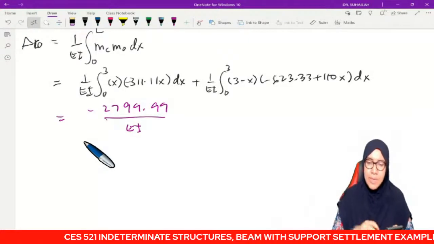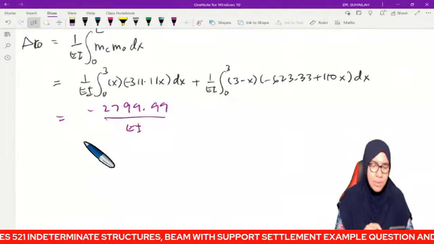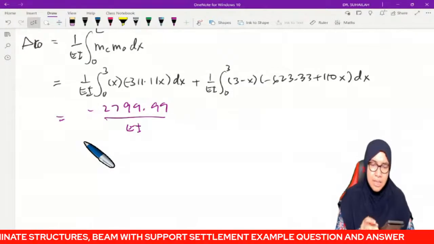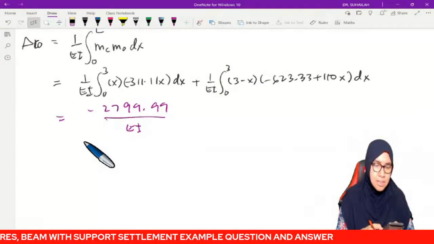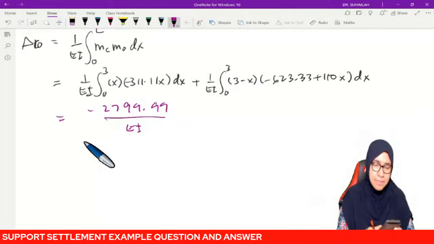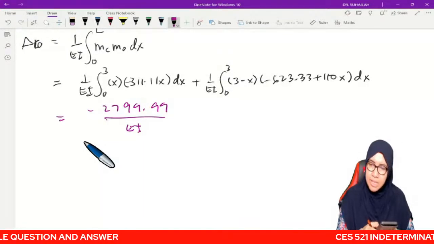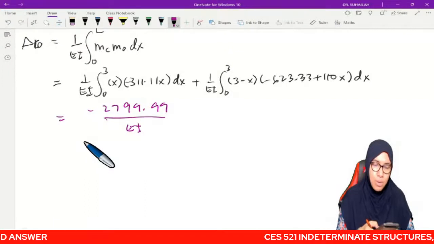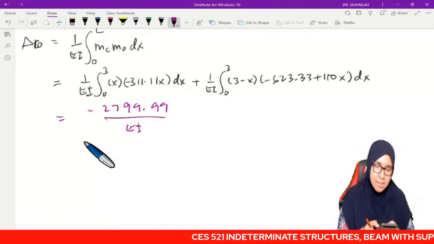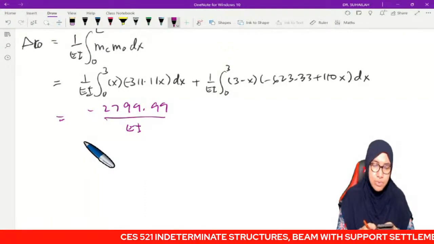And we integrate the other one, 3 minus x times negative 623.33 plus 110x, limit from 0 to 3.